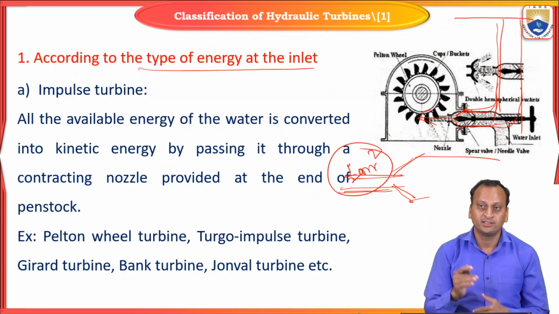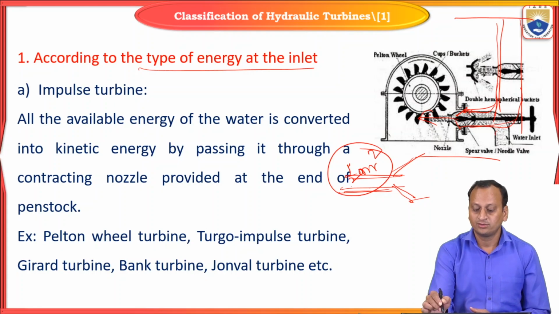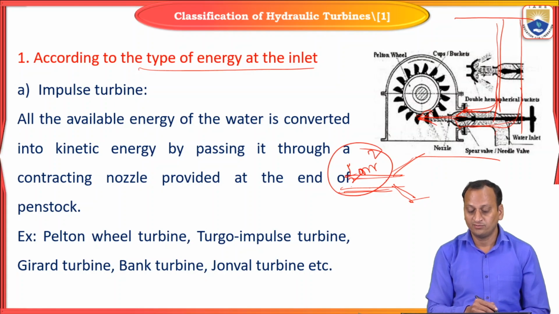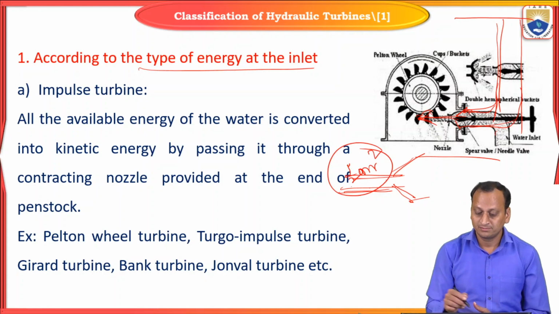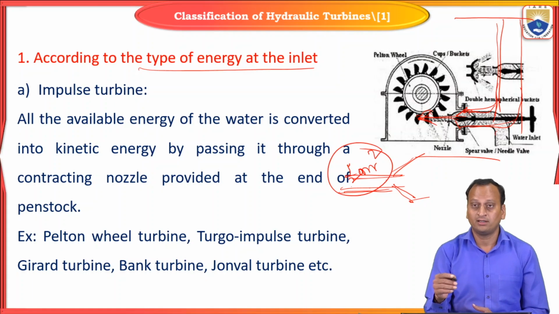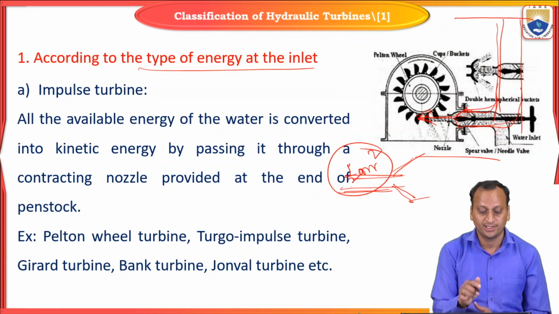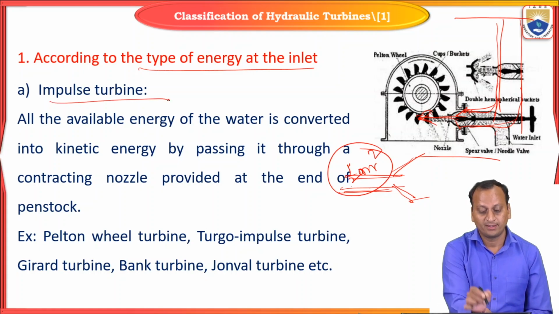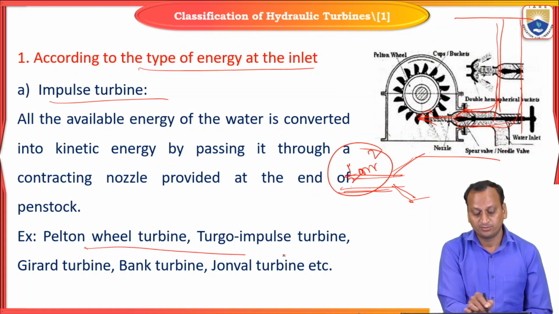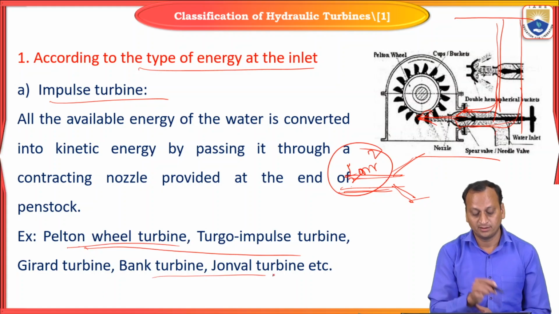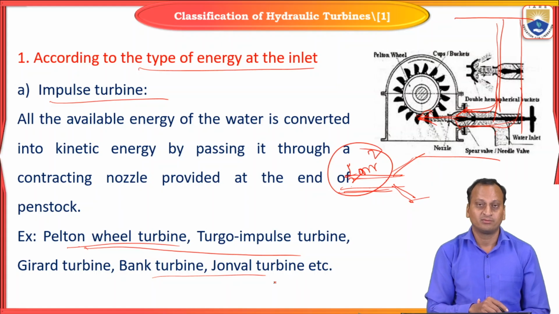Water will be impacting on the bucket, so the jet is going to be impacting on a bucket. While all the energy is converted into only kinetic energy, such type of turbine is known as an impulse turbine. Examples are the Turgo impulse and Pelton wheel turbine, Girard turbine, Banki turbine, Jonval turbine, etc.